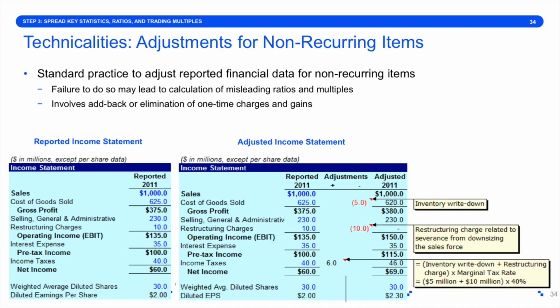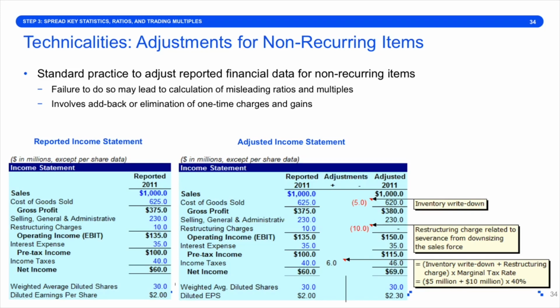And then, of course, the file will do all the calculations, because what's going to happen is that if your costs go down, your taxable income will go up, and your taxes will go up. So there are other technical adjustments that follow on.